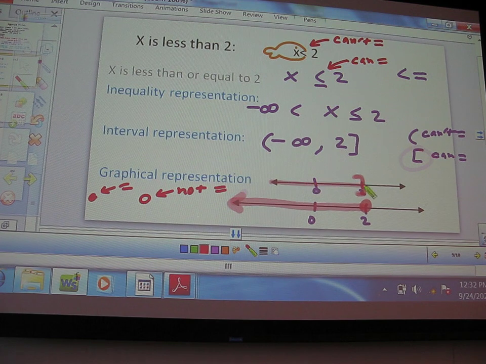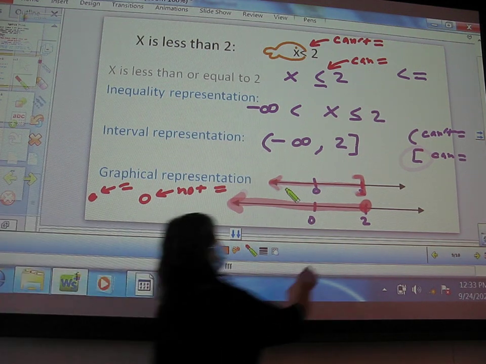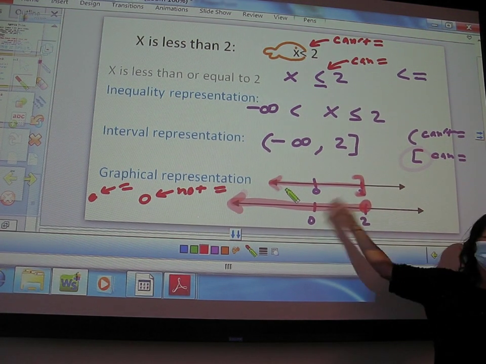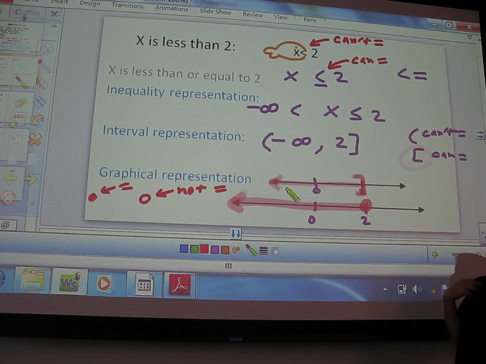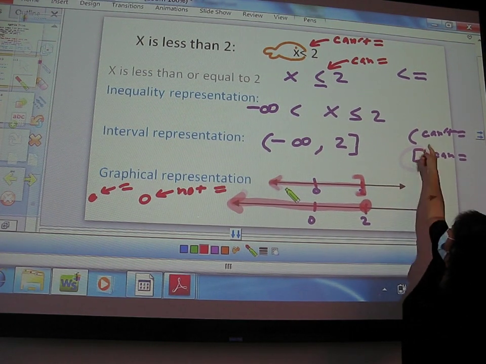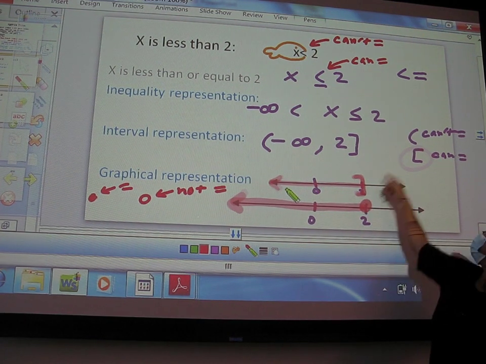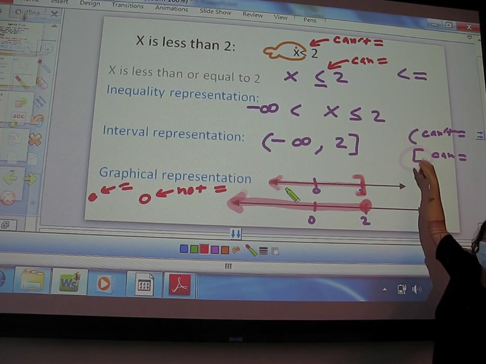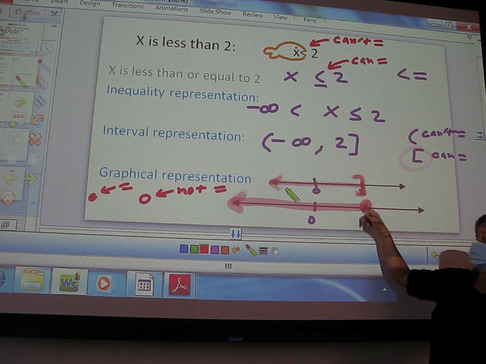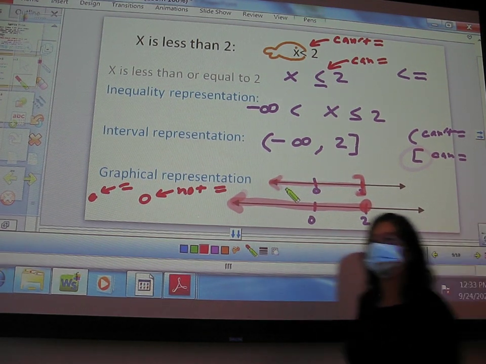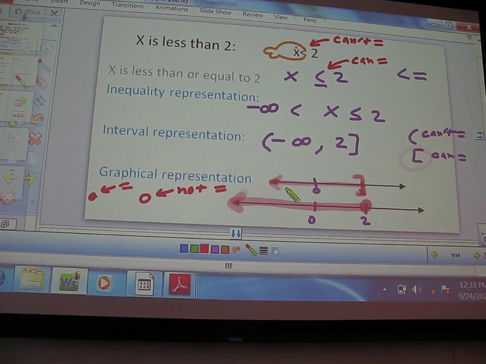Some people do the circle and some people do the square bracket. They mean the same thing. These both mean you can equal 2, and you're less than. These are equivalent. If you couldn't equal 2, you would do the rounded bracket. So you can either do brackets, rounded or square, or you can do the open circle, closed circle. I don't care which one you do. Doesn't matter. Okay, let's do another example.